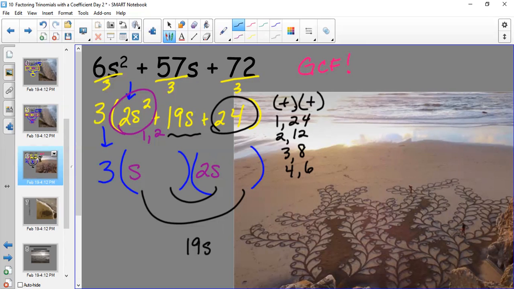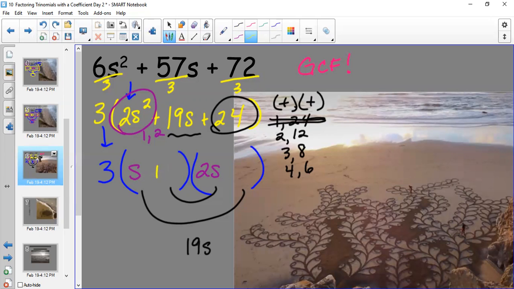So if I would put 24 in anywhere here, that's going to be too big. So I know it's not 1 and 24. Could possibly be 12. But if I put 12 in right here, I'd have 2 times 12, which would give me 24. So I definitely know it wouldn't go there.